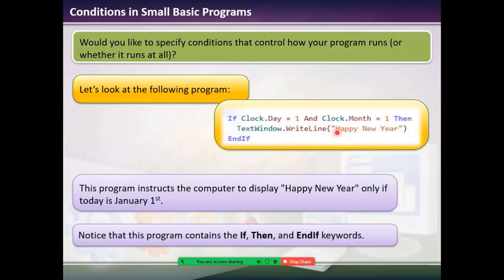It means output this Happy New Year phrase to the text window, or display it in the text window. So again, if this condition is fulfilled, then execute this statement. What is the execution? Display this Happy New Year phrase in the text window. That is it. Okay, let's move to the next slide.